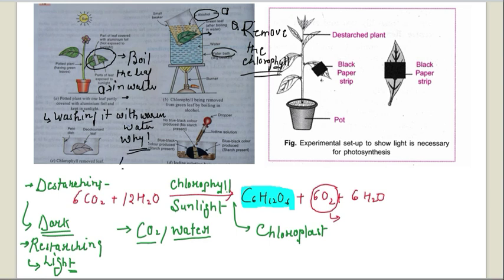The reasons are to remove the stuck chlorophyll, and secondly, to make the leaf soft. You can write: to soften the leaf.